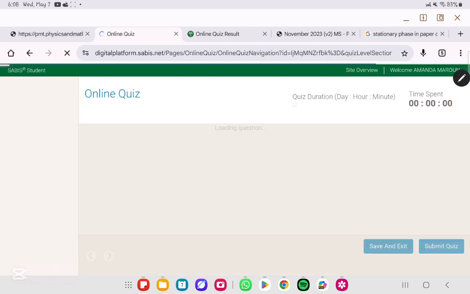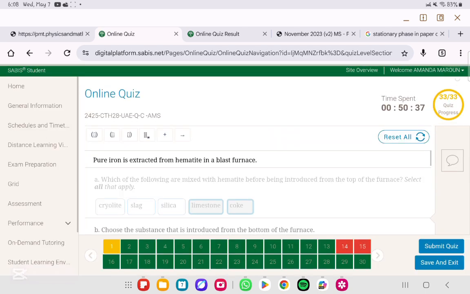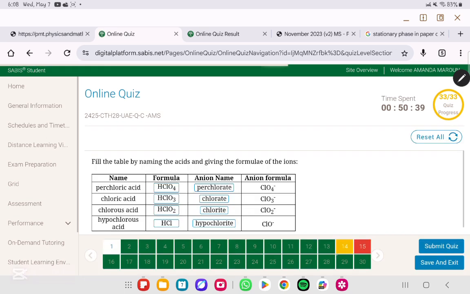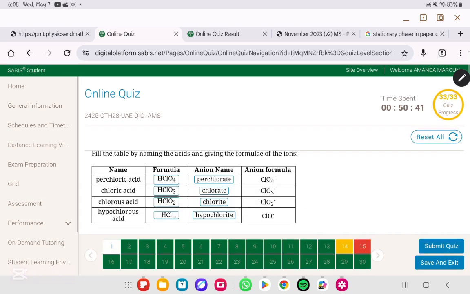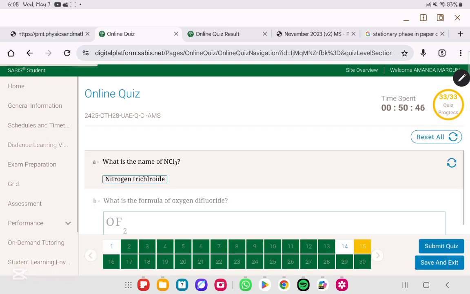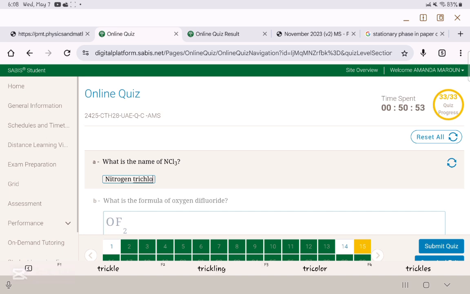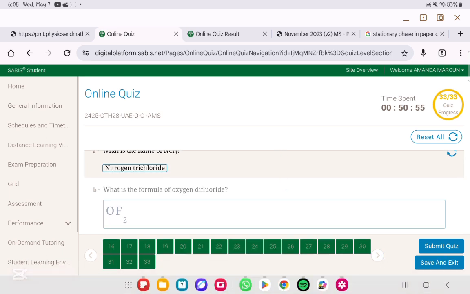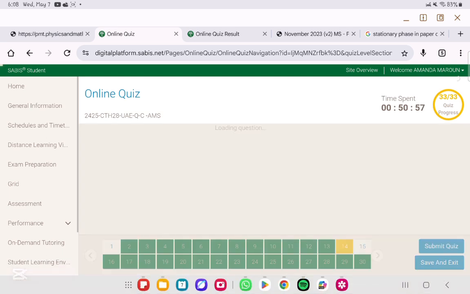Hopefully no mistakes. I think only the first one is wrong. Oh no. Here I forgot to put an O, so don't forget to put the O. Nitrogen trioxide. I also misspelled this. Sorry, I did it in a rush, so please just fix these. I forgot to put an O over here.